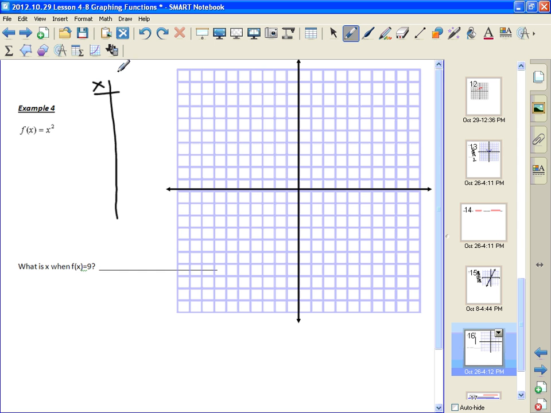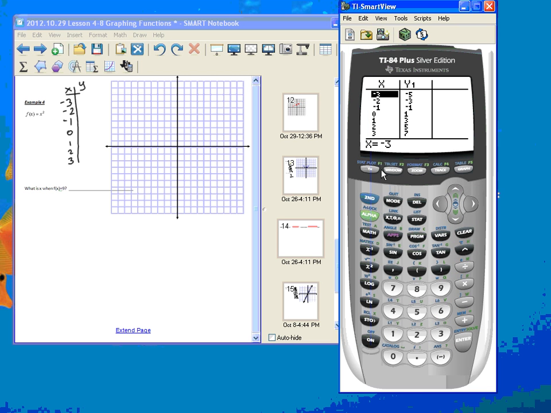Good, from -3 to +3. So we'll go -3, -2, -1, 0, 1, 2, 3. Okay, and I'll go to y equals and type in my function, which is x squared. And then go to my table.